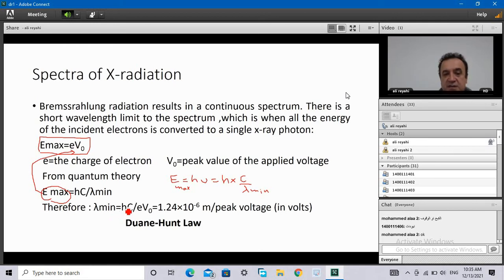So lambda minimum will be equal to hc divided by eV0. If we write the Planck constant and the velocity of light in space, finally we reach this simple formula for calculating lambda minimum.